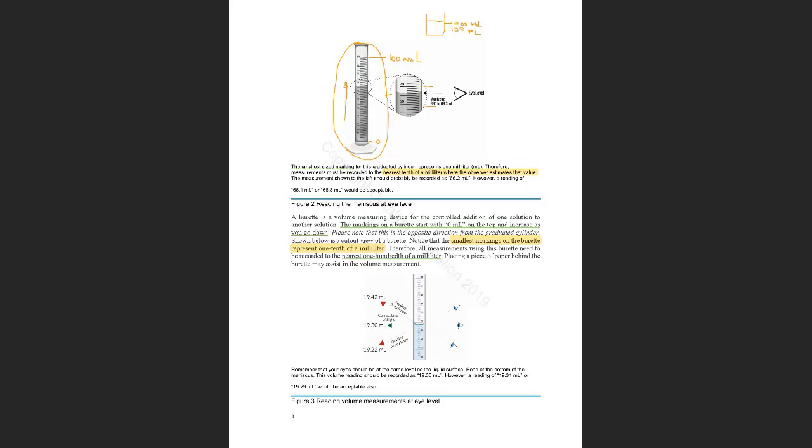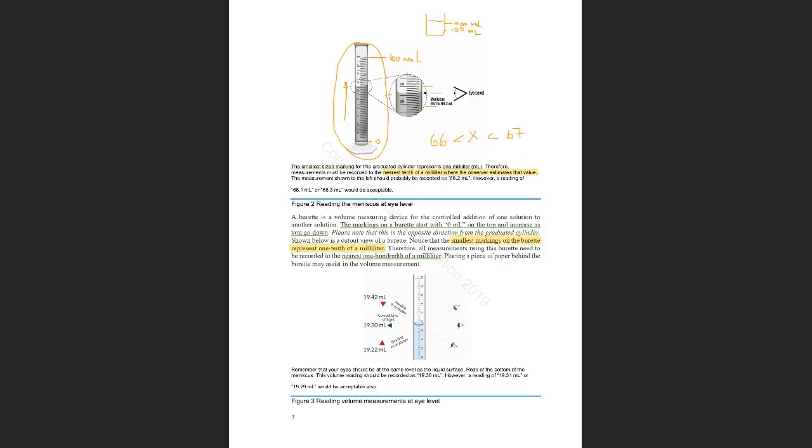And when we look at the volume here, we know that our value, again, is in between 66 and 67, because we know that one small marking is 1 ml. And now we said that we have to go for one more.